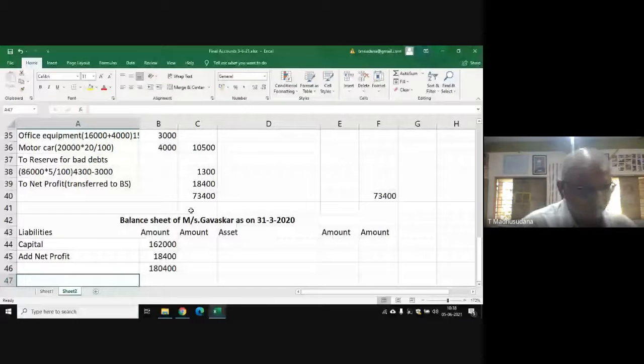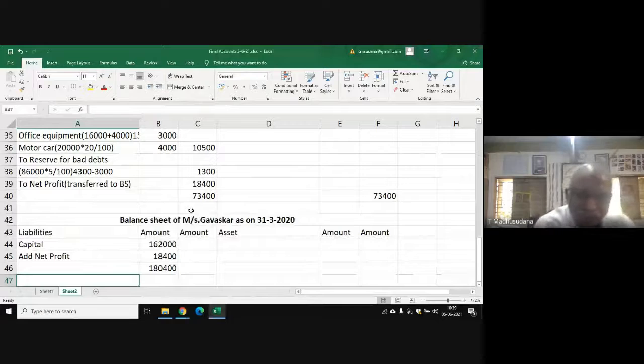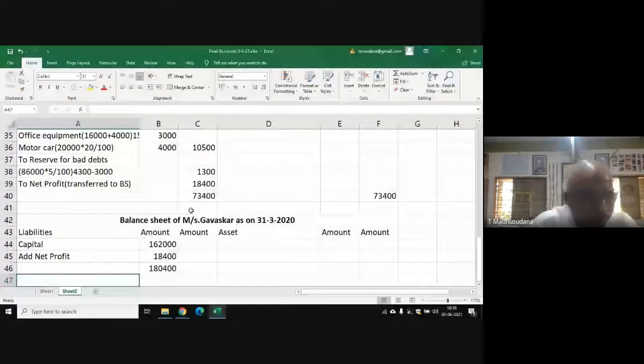As far as the drawings are concerned, there are 3 items. In the trial balance, drawings of 12,000 are already there, and to that 12,000 we have to add the insurance premium paid on his personal policy. That means 4,000 is to be added, and depreciation on the residential purpose building, that is 1,500.